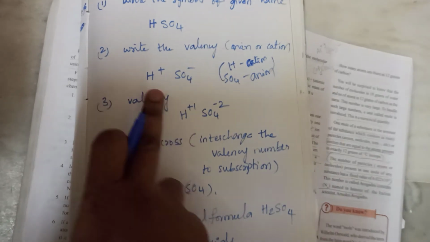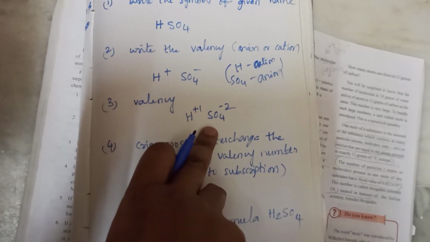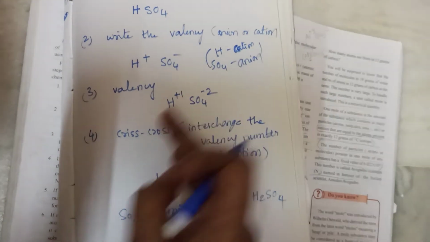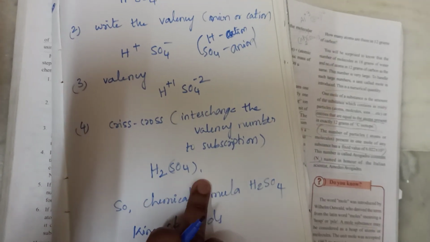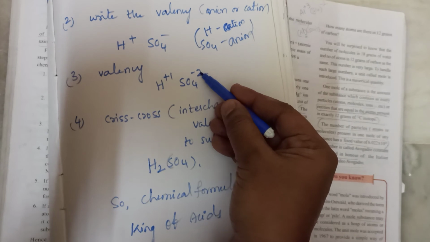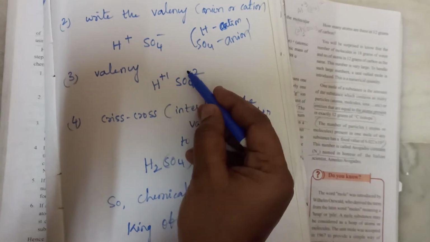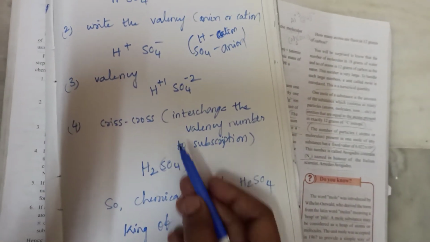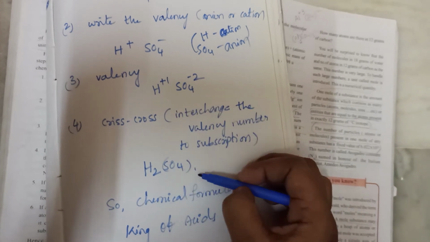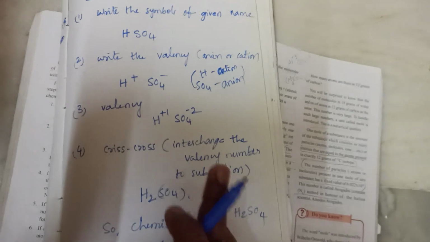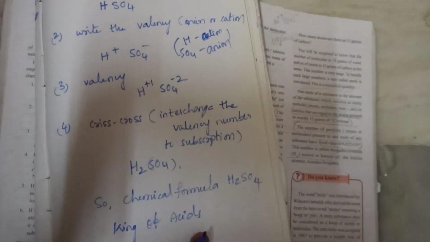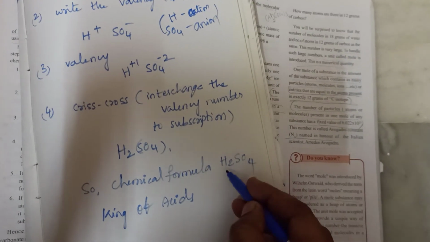The valency for hydrogen is +1 and for sulfate -2. Then crisscross or interchange those two valency numbers as subscripts. Neglecting the sign, H gets 2, and SO4 gets 1. So finally, the chemical formula for hydrogen sulfate or sulfuric acid, the king of acids, is H2SO4.